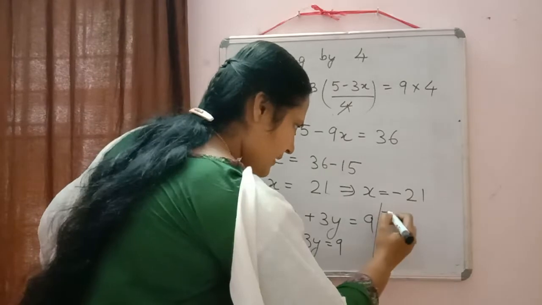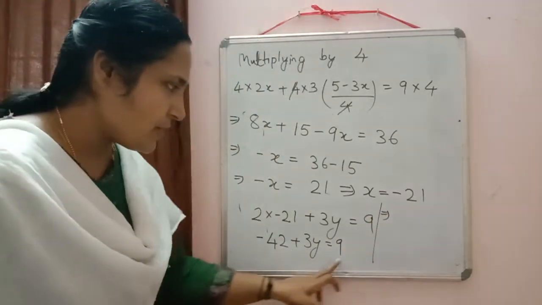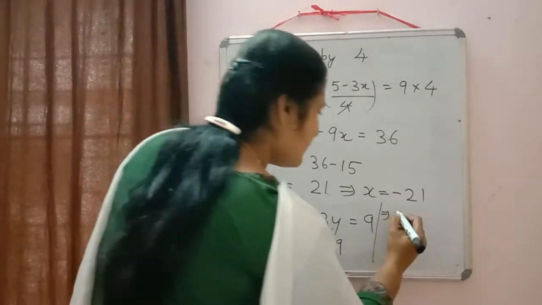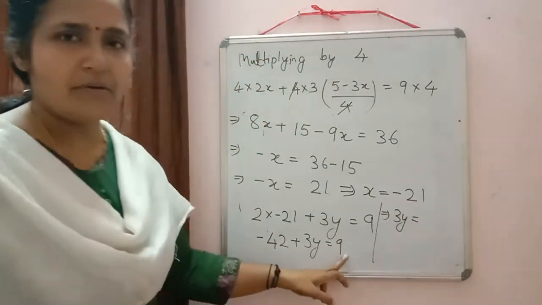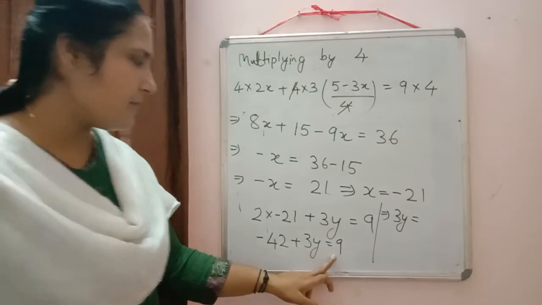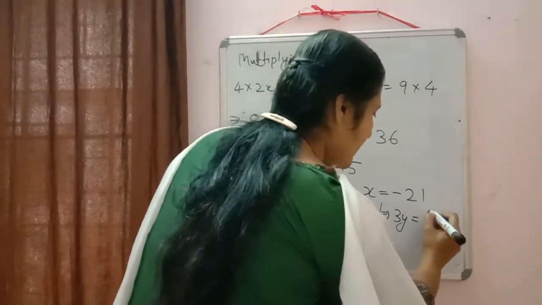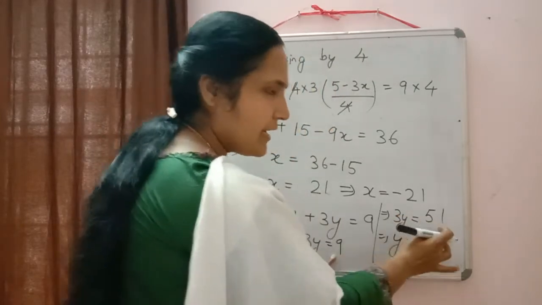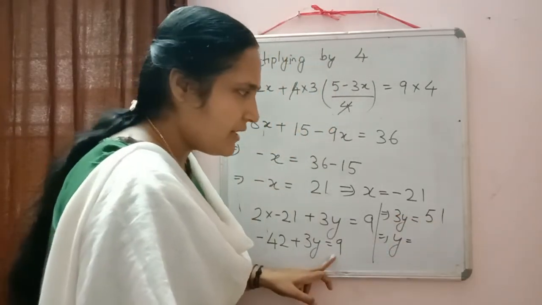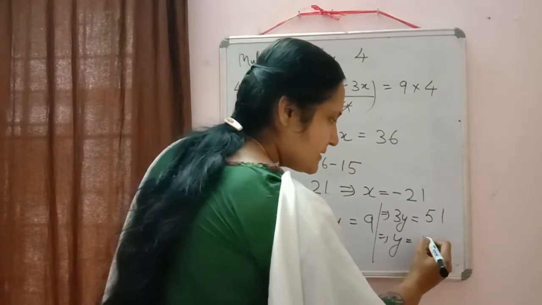Then minus 42 we can shift to the right hand side. So we will get 3y is equal to 9 plus 42. 9 plus 42 will be equal to 51. So we will get y is equal to 51 divided by 3, and 51 divided by 3 is 17.